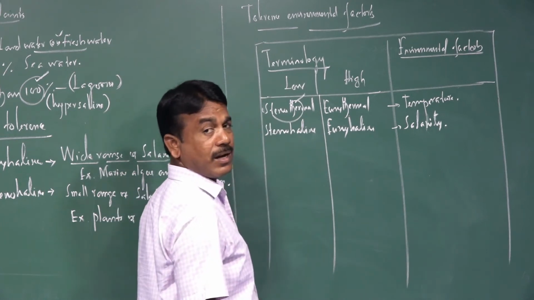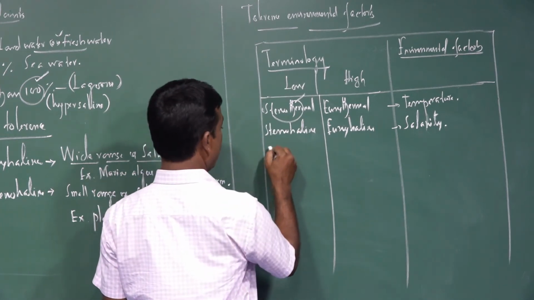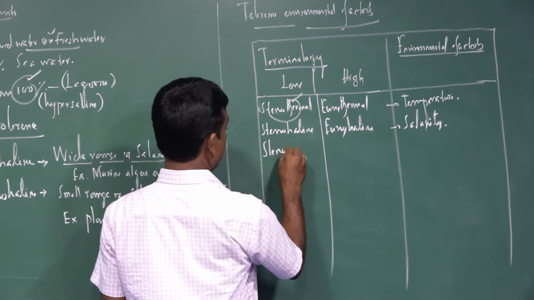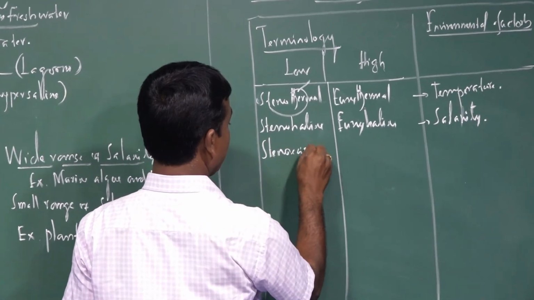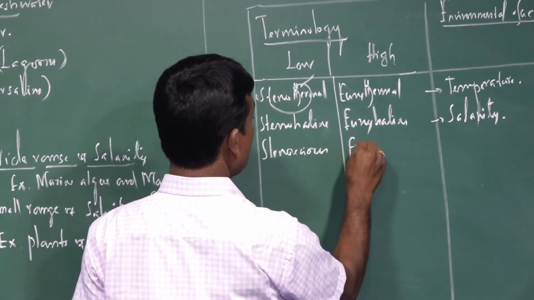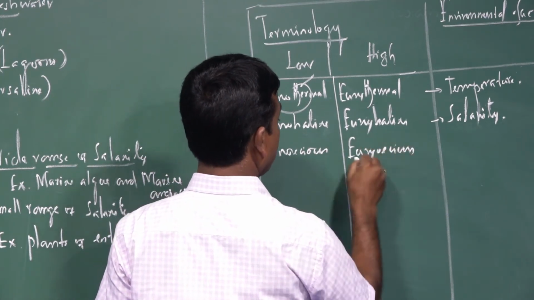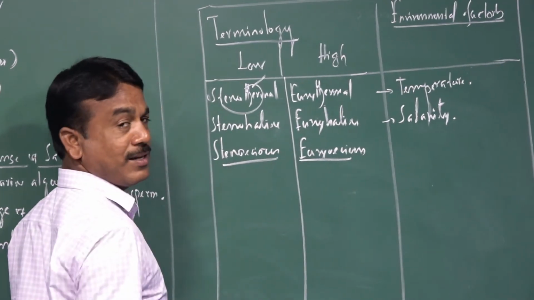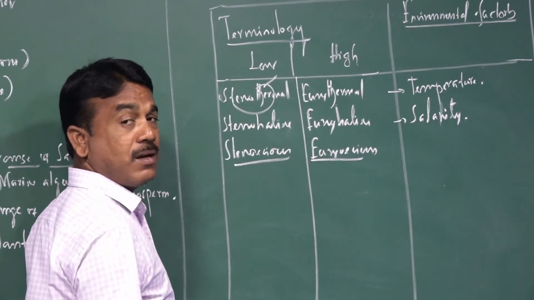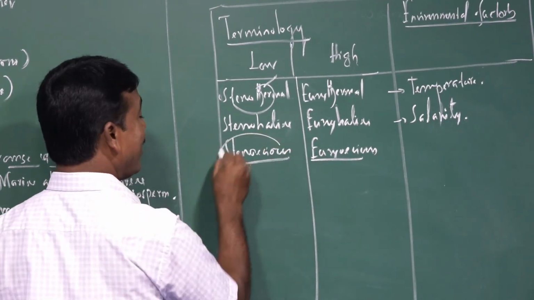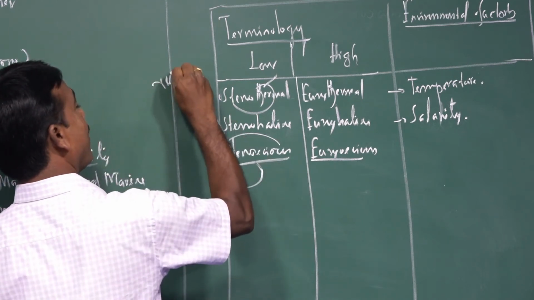Based on habitat selection, they are called stenoecious and euryecious. Stenoecious is commonly called the plants located in a restricted area.